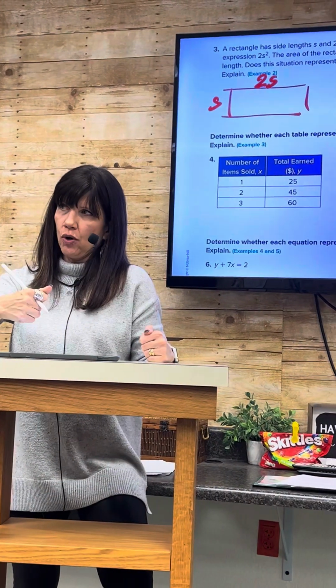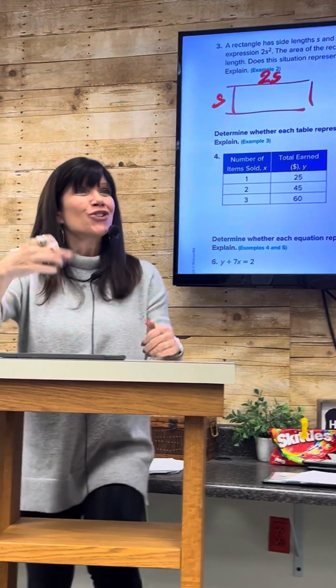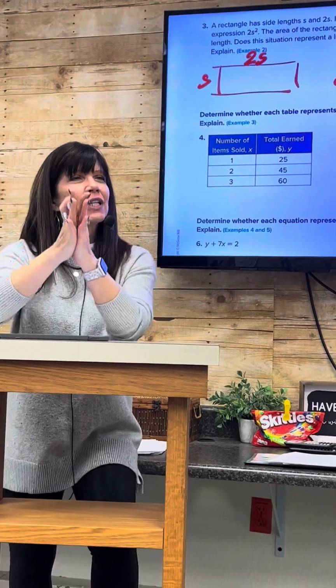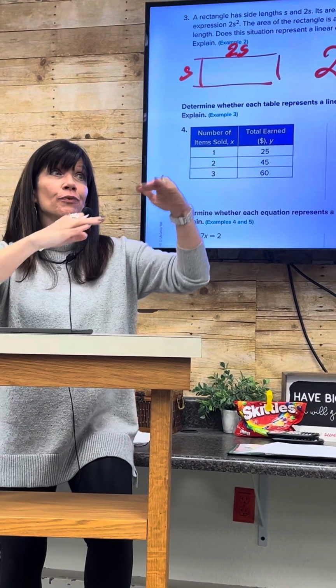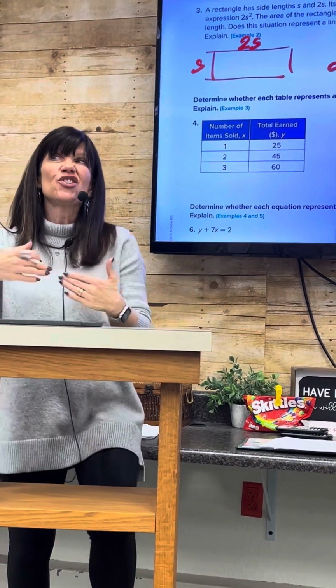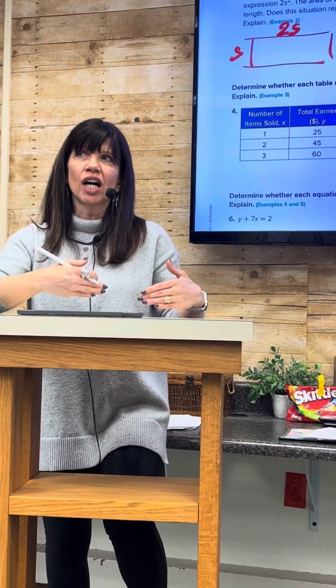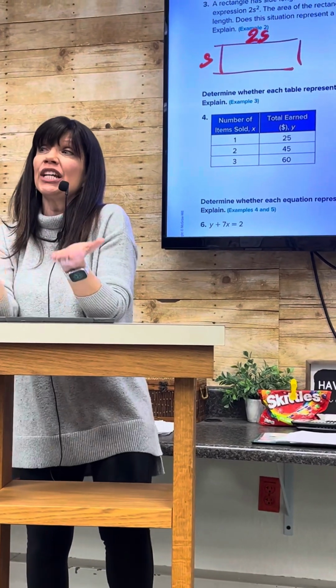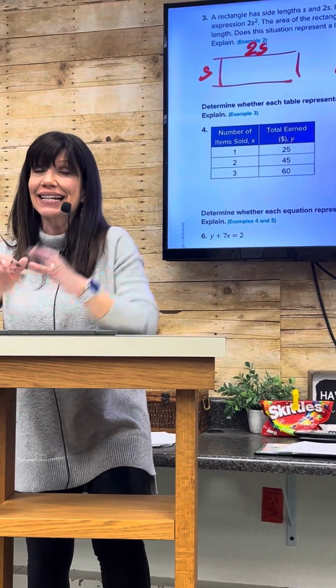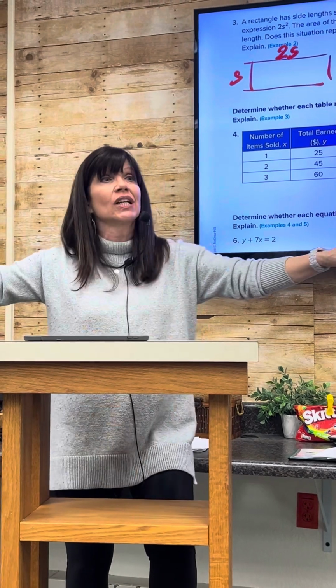Yes or no? No. So whenever they say the length of the side is a function as it relates to the area, does this describe a linear or nonlinear function? You will always say nonlinear whenever they're taking a linear measurement and using it to get something that would not be measured in a line.